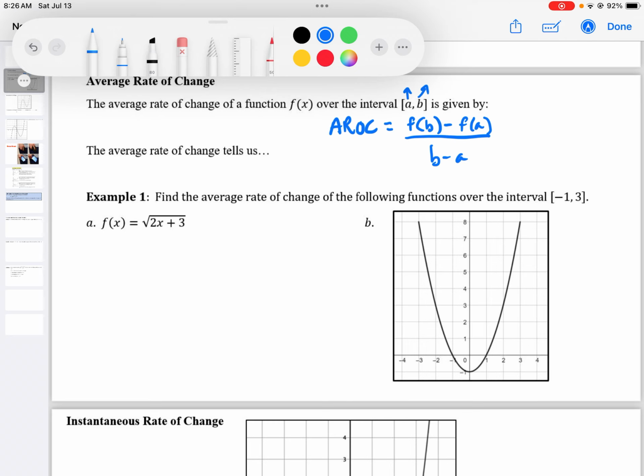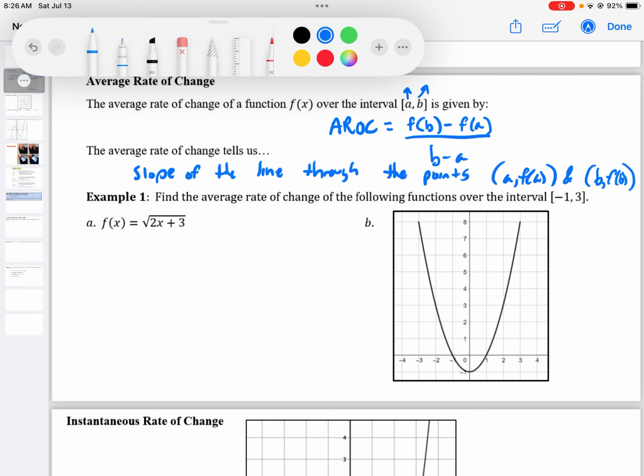So that's just your average rate of change, your difference in y's over the difference in x's. And the average rate of change tells us the slope of the line through the points a comma f of a, that's just the point, an x and a y, and b comma f of b.